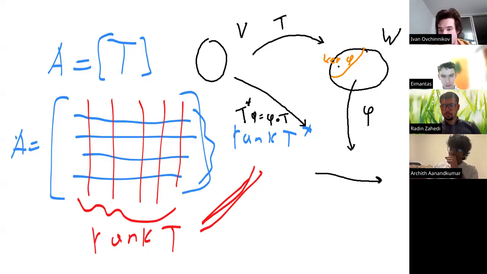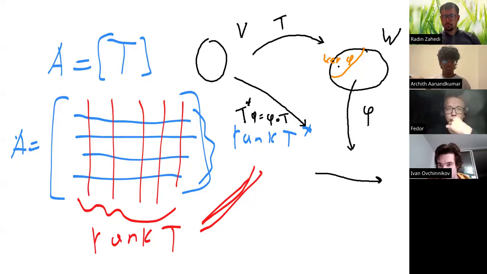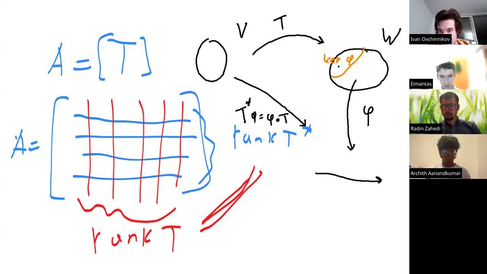So Fyodor or Aimantas, because I guess the other people have already answered quite a bit of questions. Or Alisher, I think he's joined us later too. What needs to be true about T such that this particular functional gets sent to 0 by T star? It means that any vector v I plug into phi composed with T gets sent to 0.